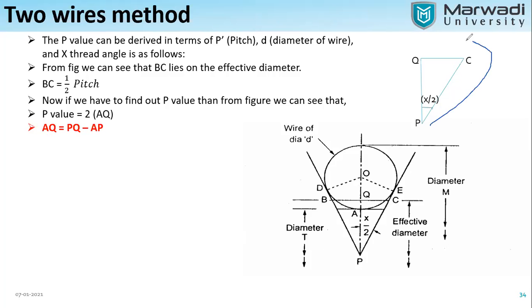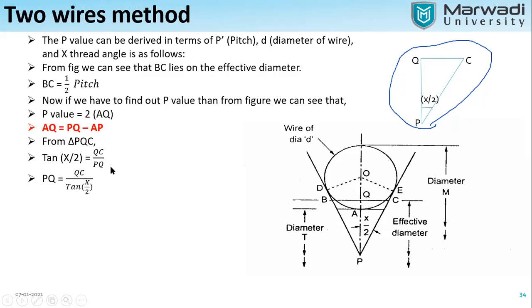So first we have considered one triangle from which we get the answer of PQ. How can we get it? As the right suggestion I got from your side, we consider triangle PQC, in which the closer side and opposite side are available with us. So we apply the formula of tan theta. Tan x by 2 is equal to QC, the opposite side, upon QP, the closer side, where QC is P by 4.